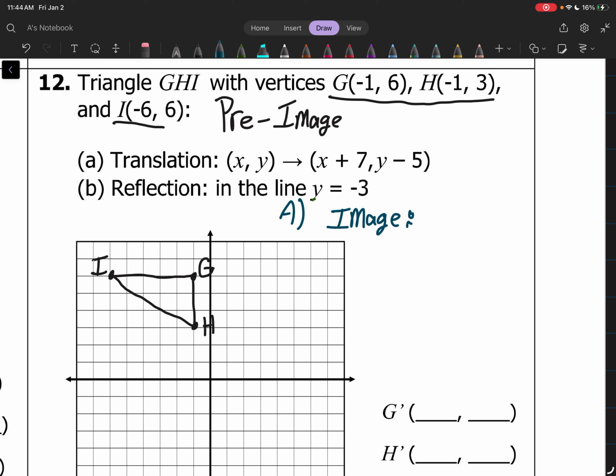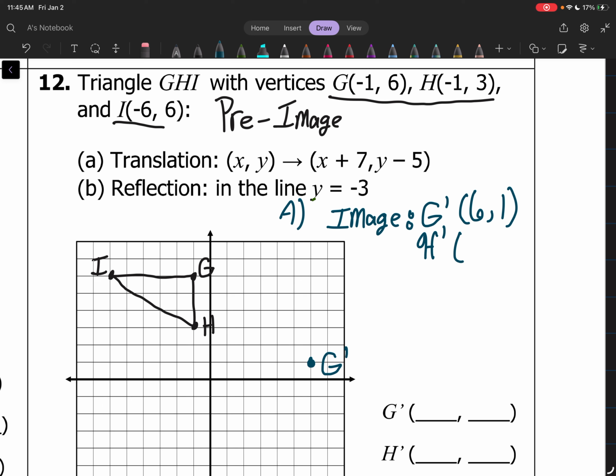For my image, we're going to have G prime, and we're moving it to the right 7, down 5. So 1, 2, 3, 4, 5, 6, 7. 1, 2, 3, 4, 5. Here is G prime. Image G. You can do that algebraically, of course. -1 plus 7 is 6. 6 minus 5 is 1. Now, I'm going to do the rest of them algebraically instead of counting them out.